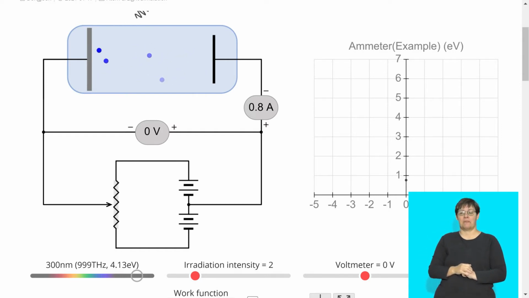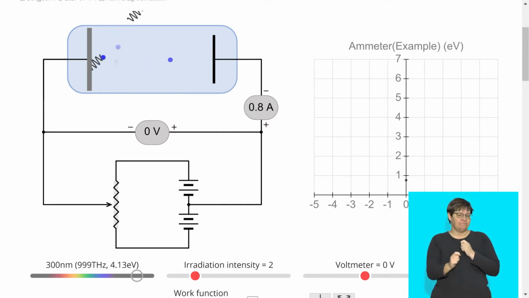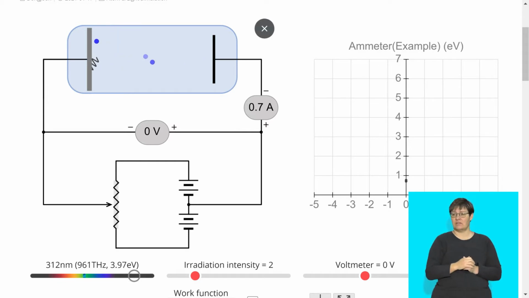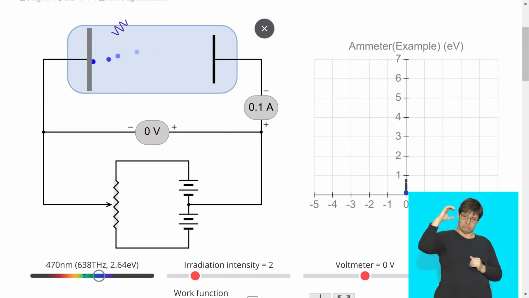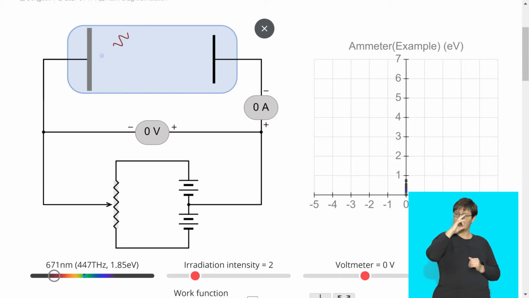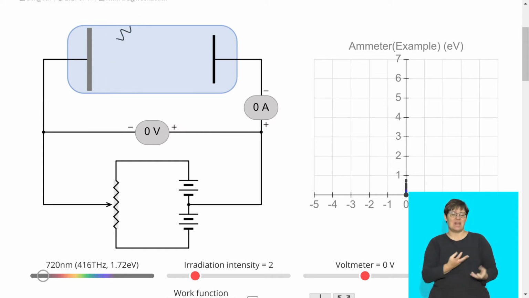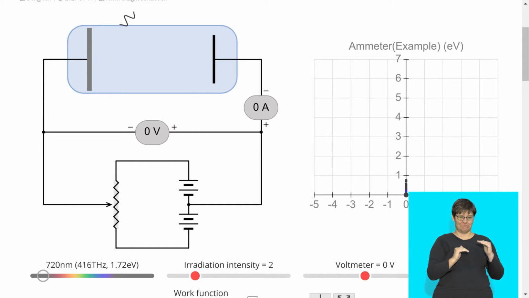First of all, if I change the frequency of my light, eventually, can you see, I don't have the threshold. So there's no current. I haven't given it enough energy for the electrons to move, right?